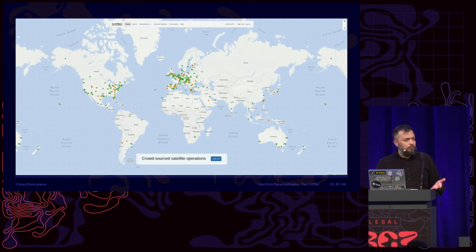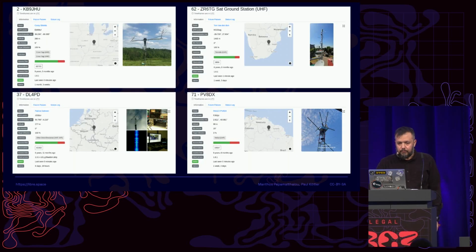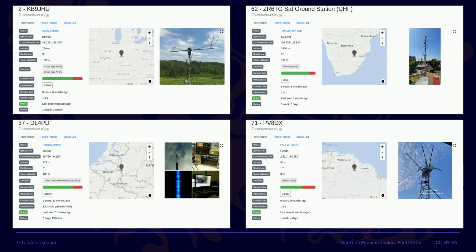Most of them are from hobbyist individuals, universities or companies, some owned by us. And here you can see some ground stations. A ground station can be something small, with a small omnidirectional antenna, or it can be big directional antennas that move, following the satellite path in the sky, or big dishes. There are many options.